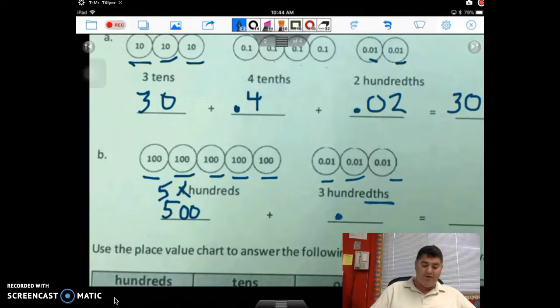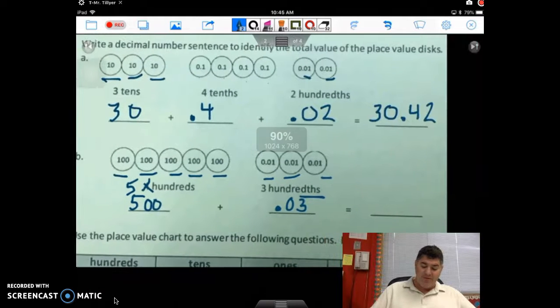So it would be 0.03, and that's it. It's pretty easy, so we'd write that 500 and 3, whoops, I messed up there. Let me erase that. And 03 hundredths. 503 hundredths. Kind of a strange thing to say, but that's what it is.